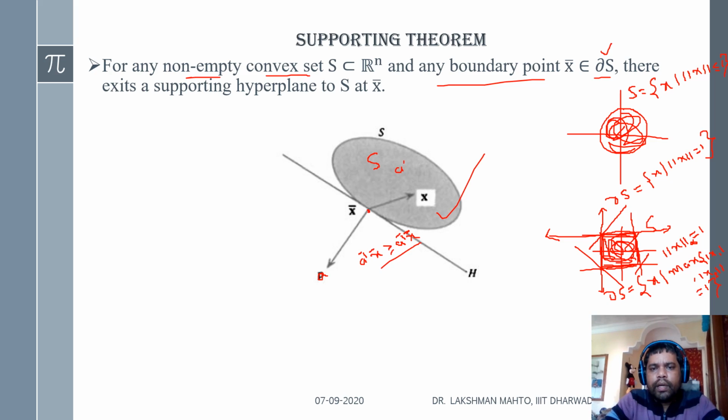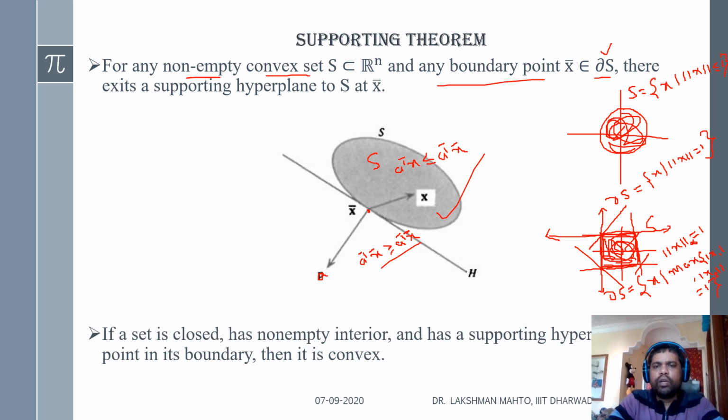So a transpose x is greater than or equal to a transpose x bar, and for this side you observe that a transpose x is less than or equal to a transpose x bar. So there is a clear separation as well as support. Both the things we observe.